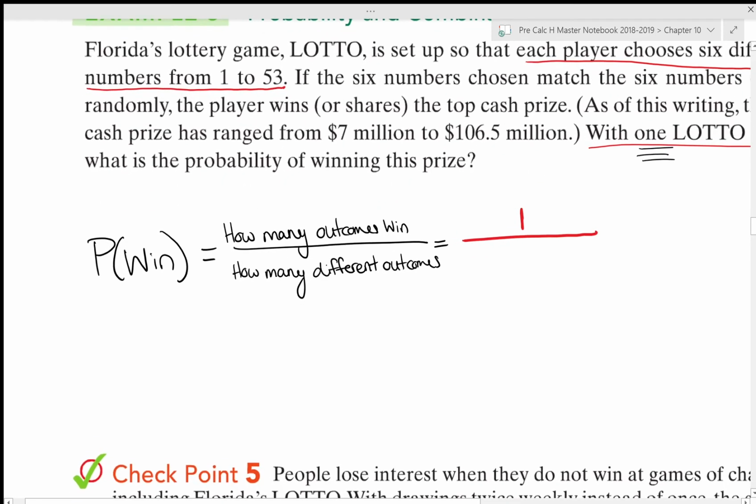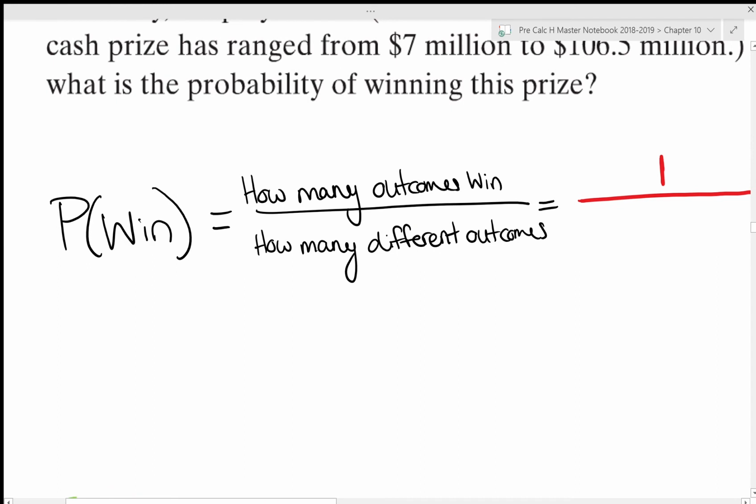Well, we got to know how many different outcomes there are, right? So we're picking out of 53 numbers, we're picking 6 of them at random. Okay, but are we going to do permutation or combination? We got to think, did the order of the numbers make a new outcome? Did you have to get them exactly in the right order, or could it be any order as long as you had the 6 numbers?